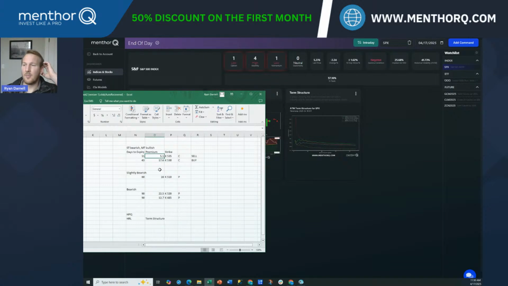So a very likely potential scenario with this trade is if the market goes up to say 545, you'll be out on this 535, so you'll have a $10 loss. You'll be up 15 on this 530 call, so you'll have a $15 gain.